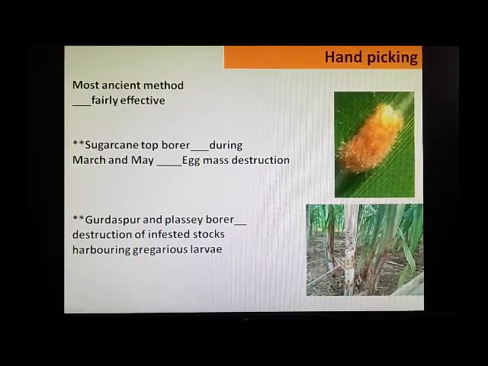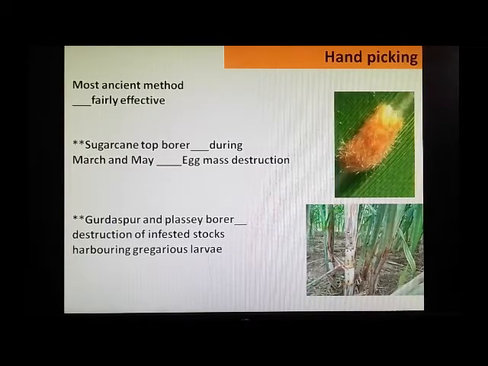So first of all, hand picking. So hand picking and destruction of large sized, conspicuous, immature or mature stages of insects, that is the most ancient method which can prove fairly effective under certain conditions.